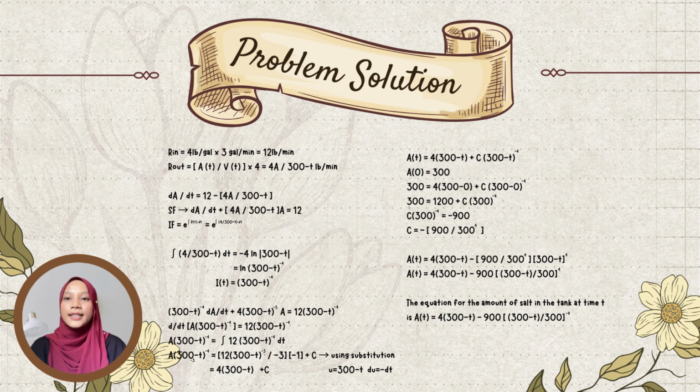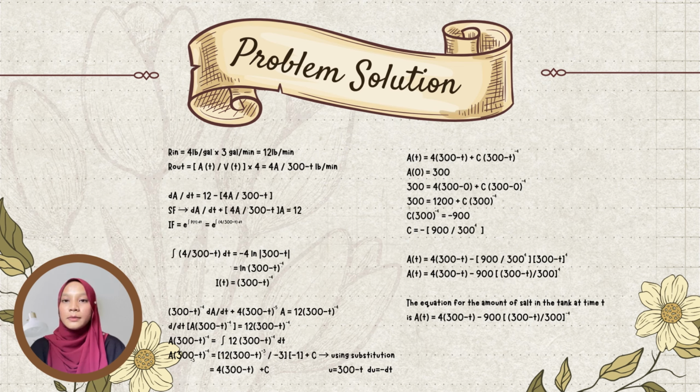Next, we will find dA/dt using the formula R_in minus R_out, and we will get 12 minus 4A over (300 - t). Then arrange to standard form, so it becomes dA/dt + 4A/(300 - t) = 12.